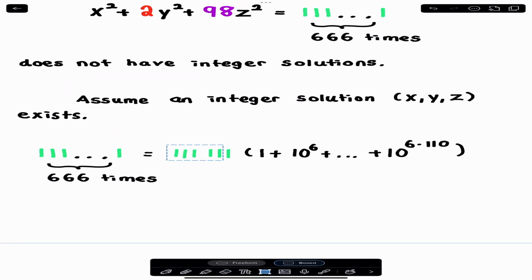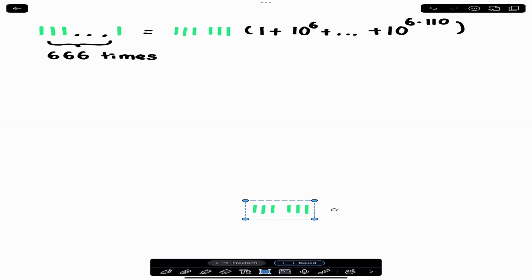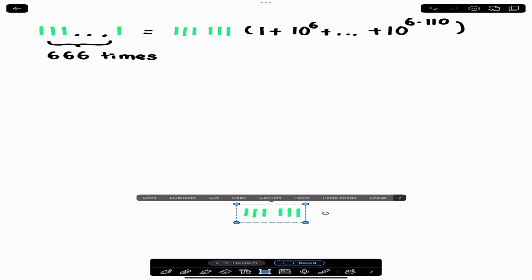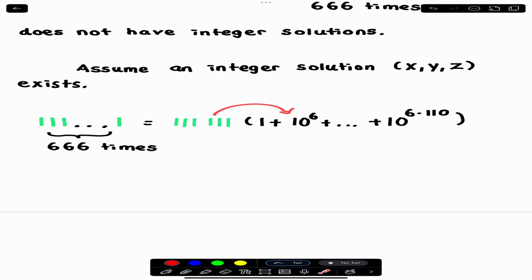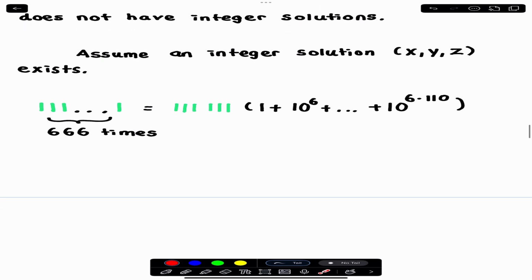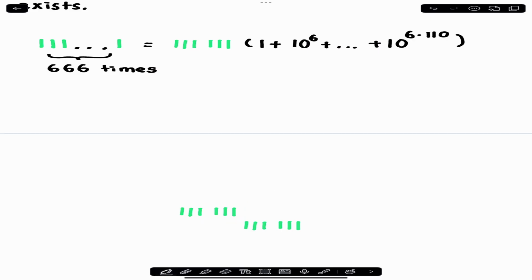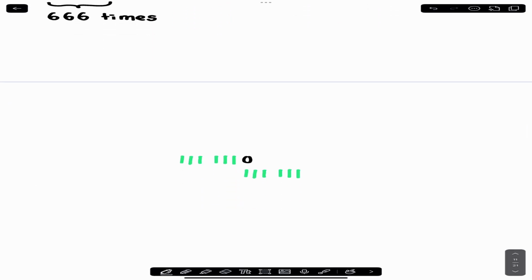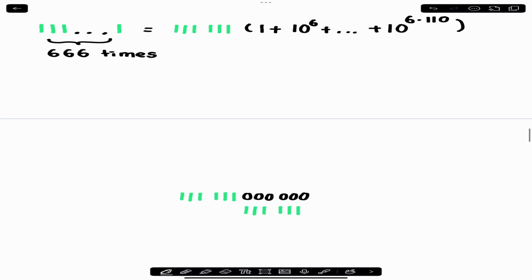Really, you're just getting, so first we have 6 copies of this one, and then when we multiply this out, 111,111 times 10 to the power of 6, that is actually the same as this number from before, but we just added a bunch of zeros. And now you see why I'm doing this.